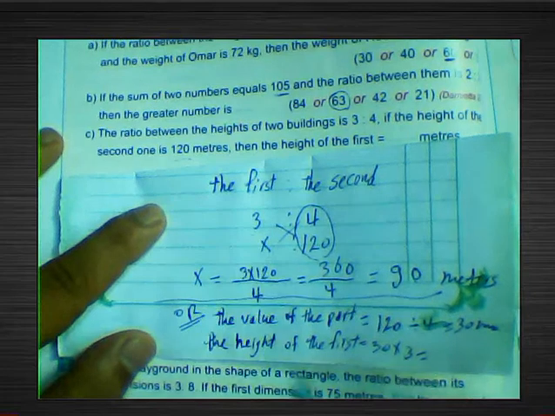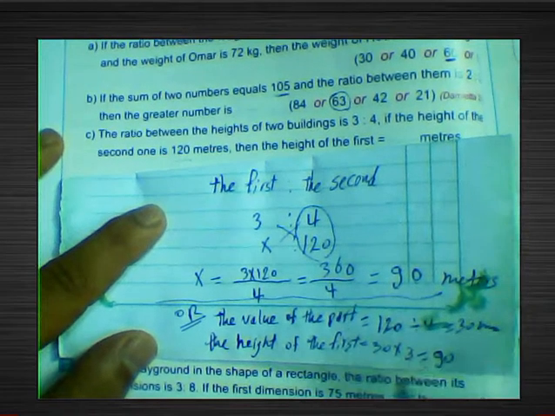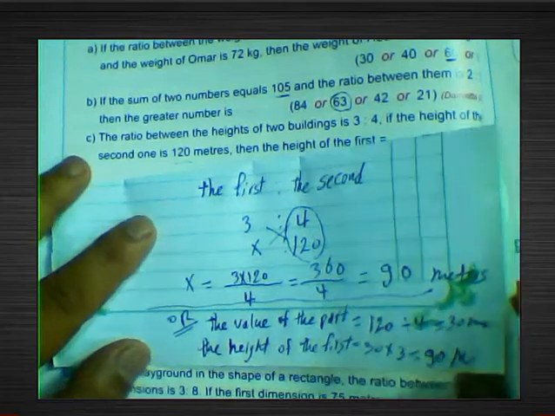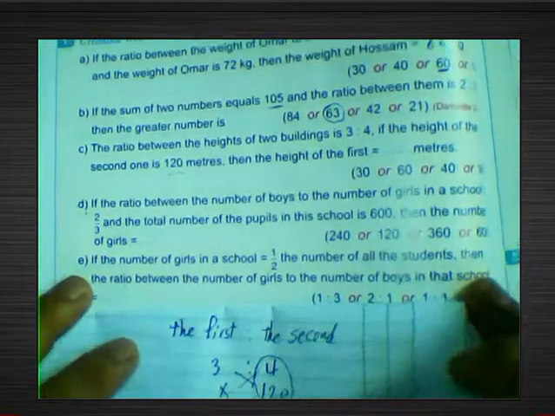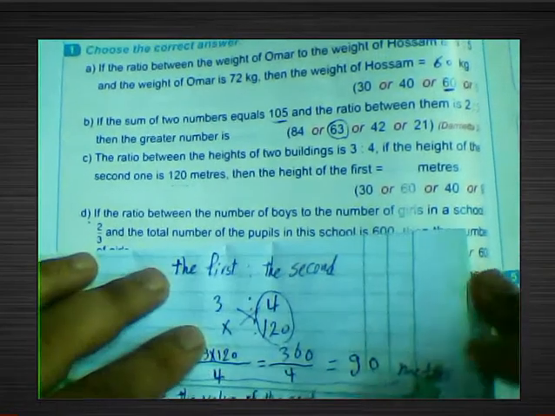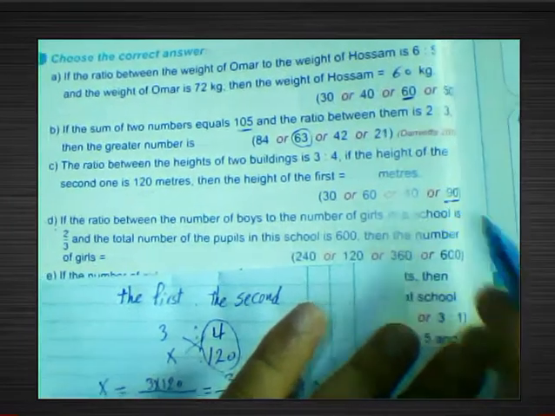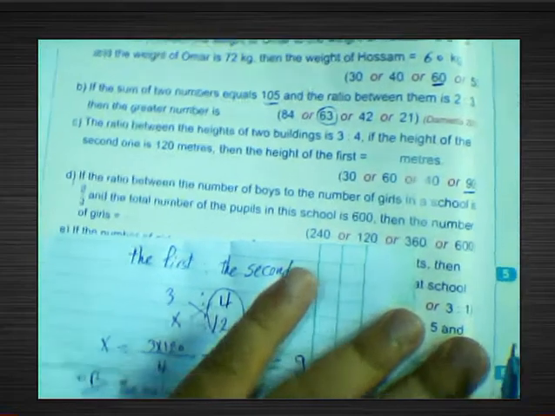Okay, 3. The result will be 90 meters. It's okay. We will choose 90, letter D.